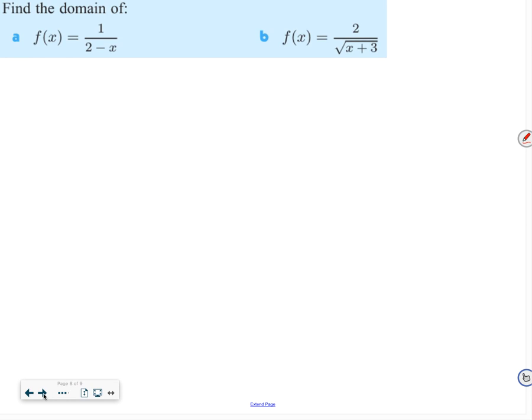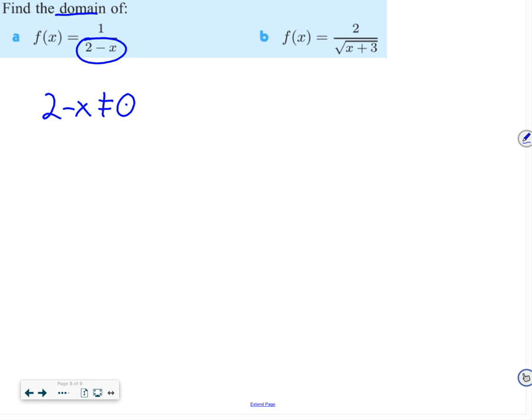So the first thing I'm looking at here is I want to make sure that 2 minus x, I know the domain of this function, that this cannot be equal to 0. So I take whatever's in the denominator, 2 minus x, and I say it can't be equal to 0.